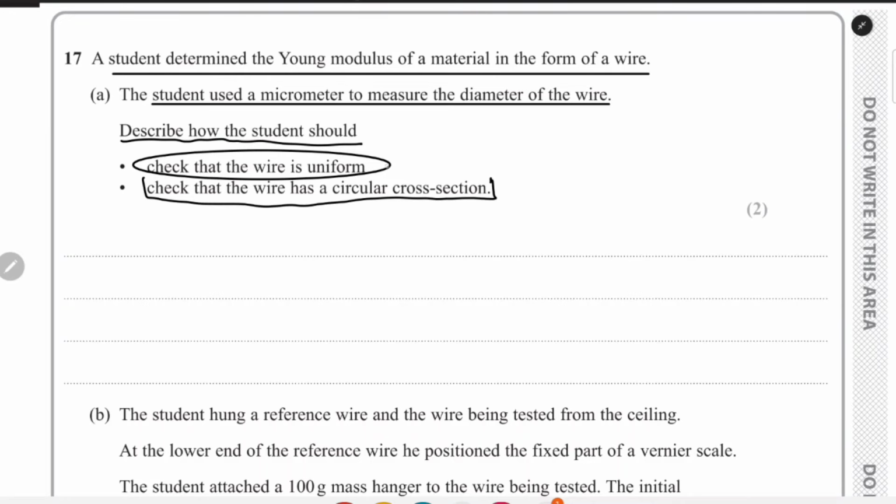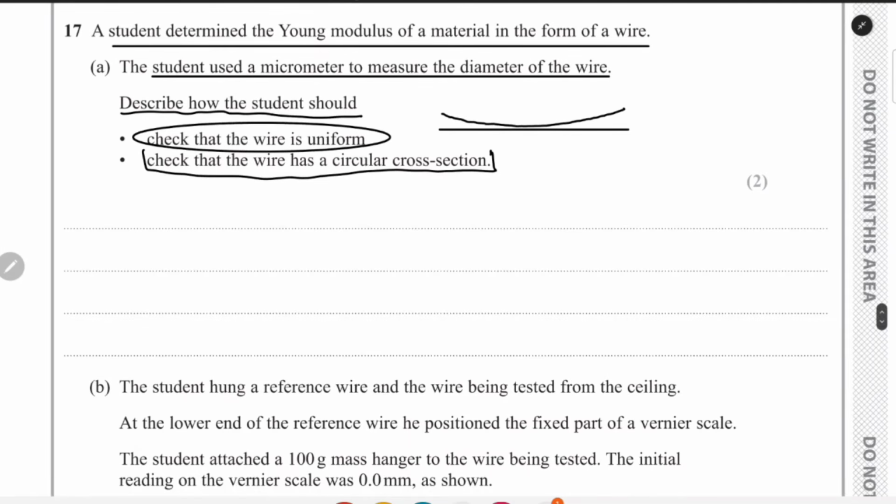To make sure it is uniform means that the wire has a consistent thickness. A non-uniform wire would be something like this: thin over here, thick over here. So to show that it's not uniform, the student should measure the diameter at several positions. So you measure the diameter here, here, here, and check if they're constant.